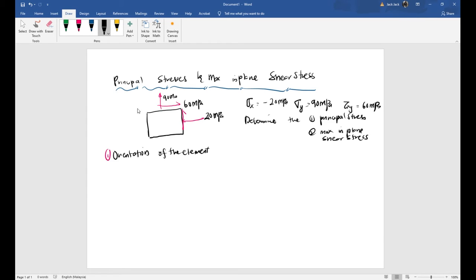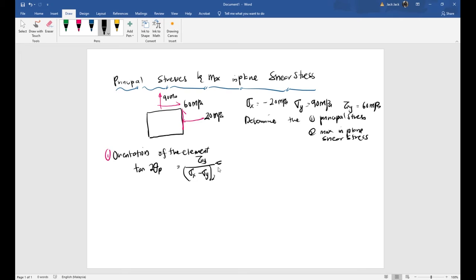Recall your favorite equation: tangent 2 theta p is equal to tau xy divided by (sigma x minus sigma y) divided by 2.